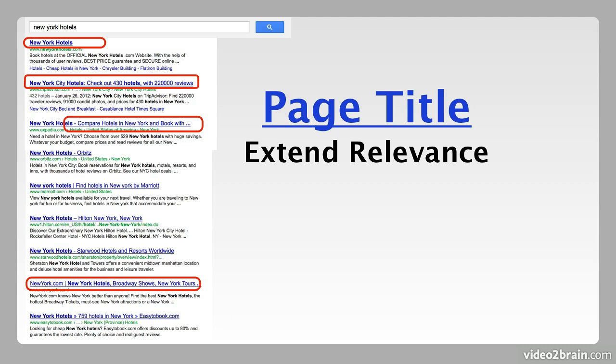And so you can rank for Broadway shows or New York tours. Putting all of that into one title, though, as you'll notice, it kind of trails off and you get the ellipsis. That means that the page title wasn't going to fit. It's too long. And what I've seen that works best is that titles that are short, that encapsulate a specific thought or a sales proposition are the most quickly and easily read and do the best at attracting a click.